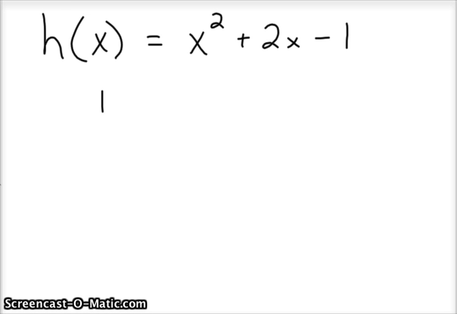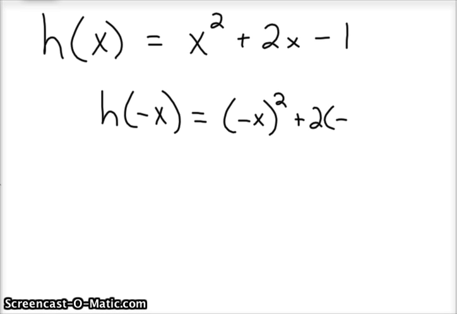When you plug in negative x, we would have negative x squared plus 2 times negative x minus 1. You simplify that, and you'd have positive x squared minus 2x minus 1.